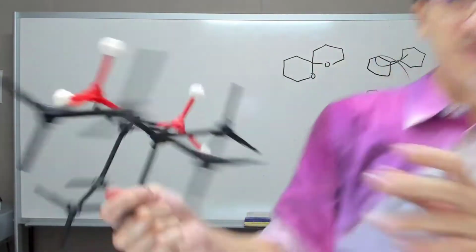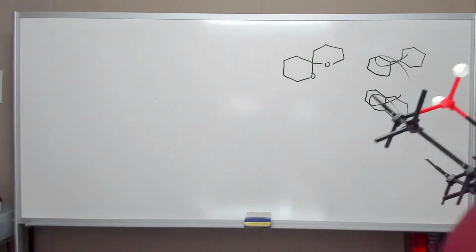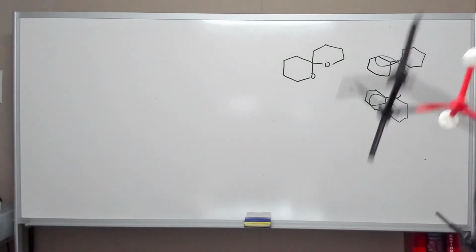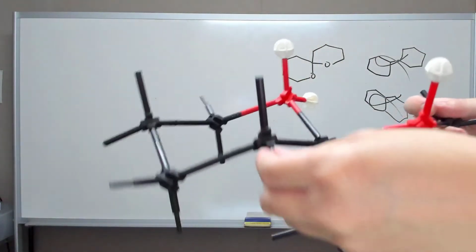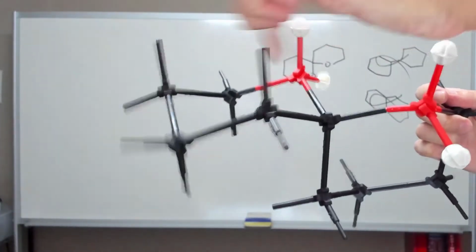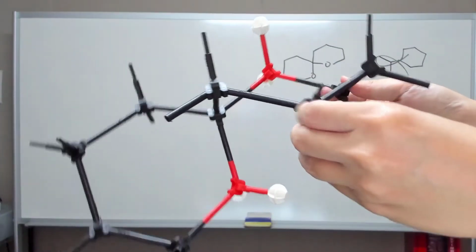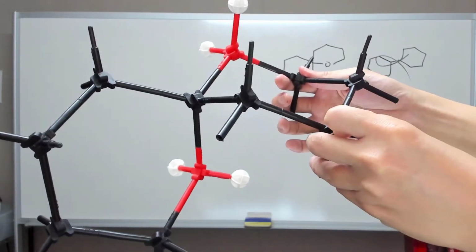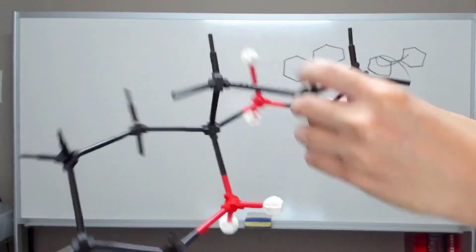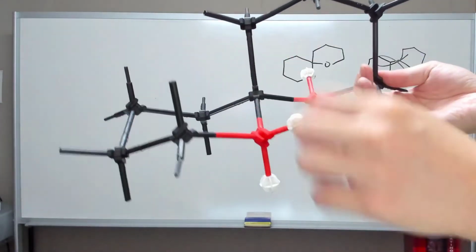If you cannot see it, maybe I should shift myself a little bit. You can see one chair conformation here for this particular ring, and the other chair conformation for the other ring like this. I think it's clear enough. So this is one chair conformation, and this is the other chair conformation.